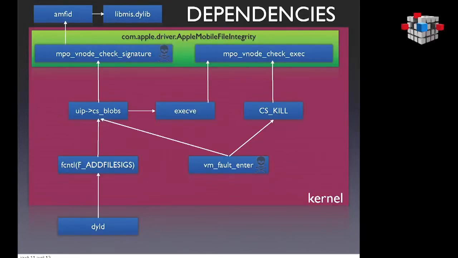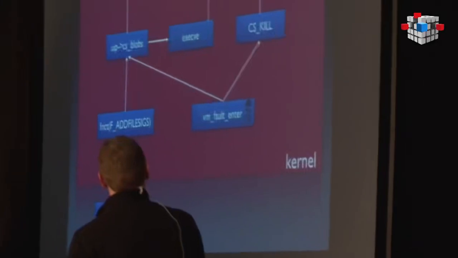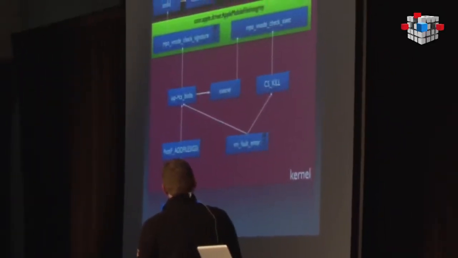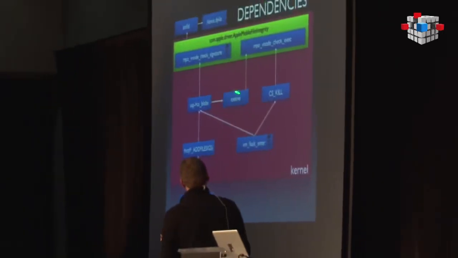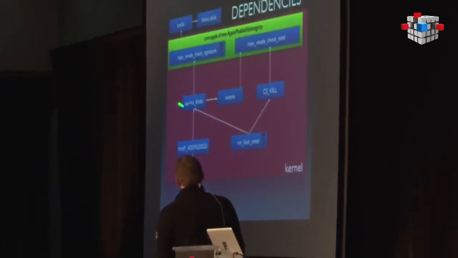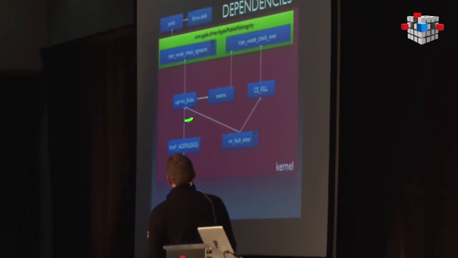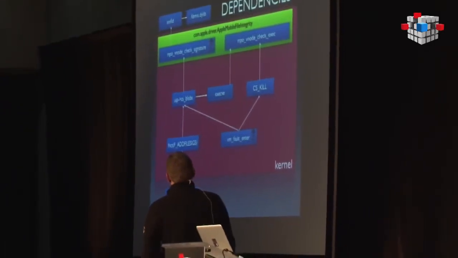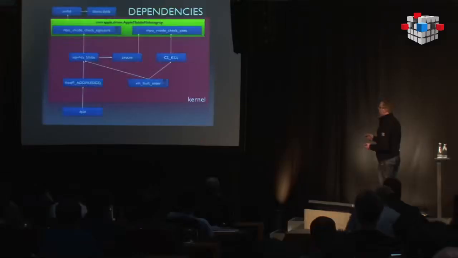Perfect. Okay. So let me try to explain this graph in a simple manner. These are the different dependencies. For execve to do its job, it has to know the signature blobs. If it's a library, the blobs are uploaded by this particular syscall when the process tries to load the library.